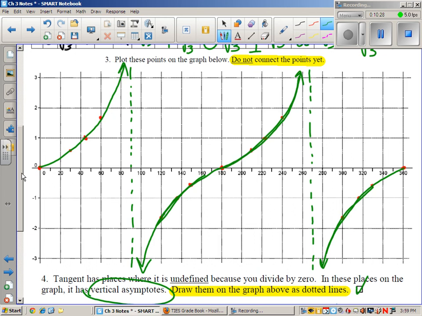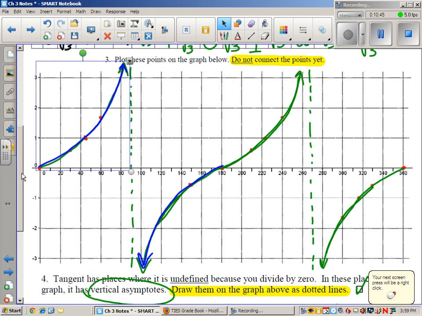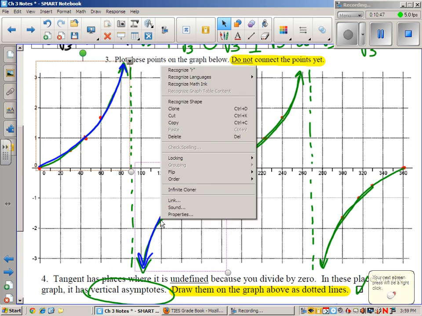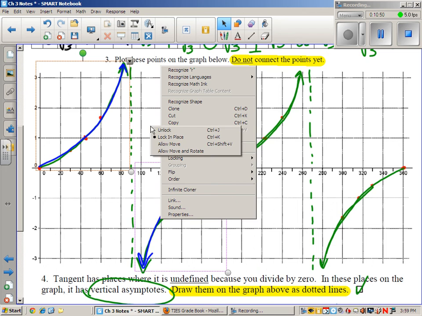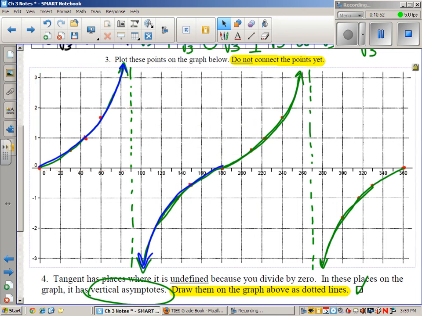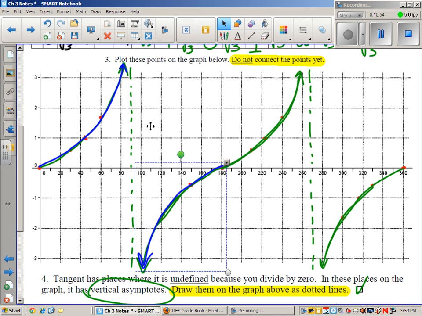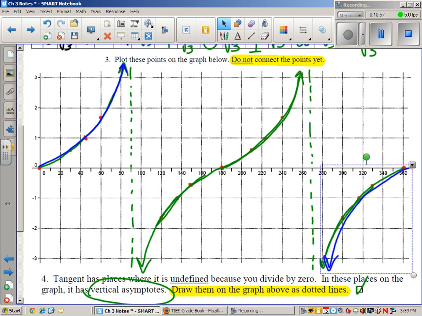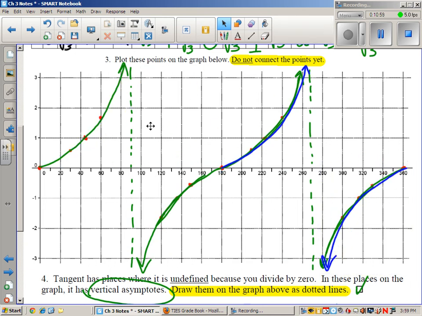Well, if you look, I can take this whole chunk right here and this whole chunk right here, and if I pick them both up and slide them over, both of those two pieces make another piece of the graph right there.